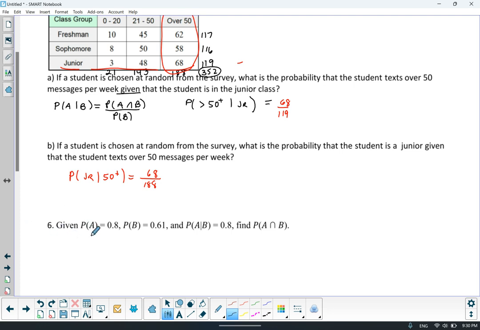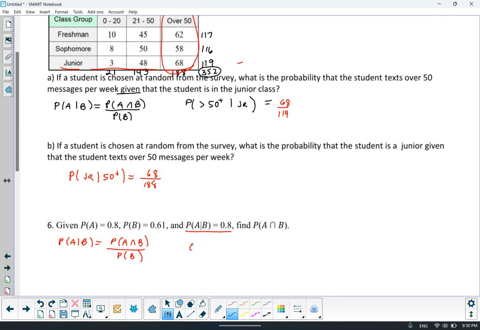Okay, so number 6, how do I know I want to use conditional probability for this problem? Because I see that A given B here. And so I'm going to write down the general formula. That's always helpful. The condition goes in the denominator.